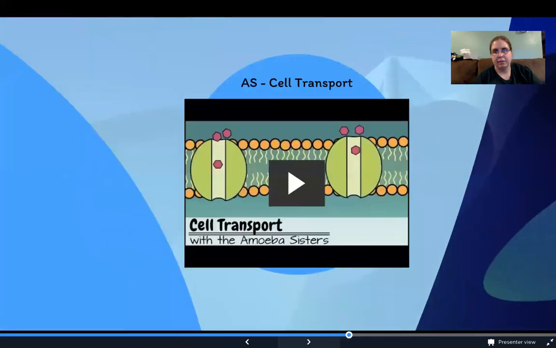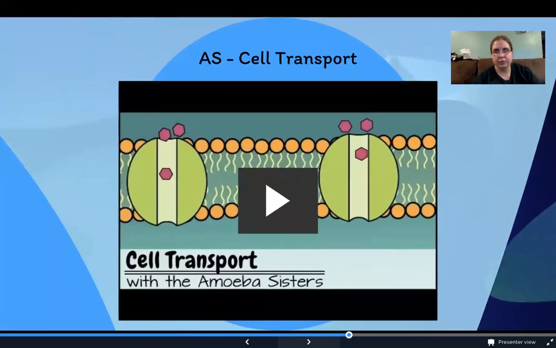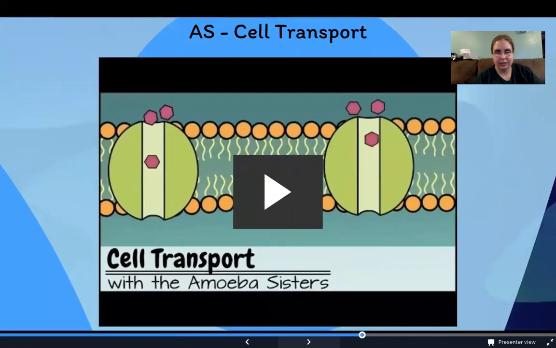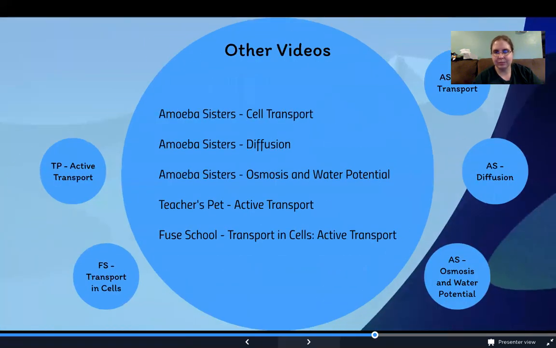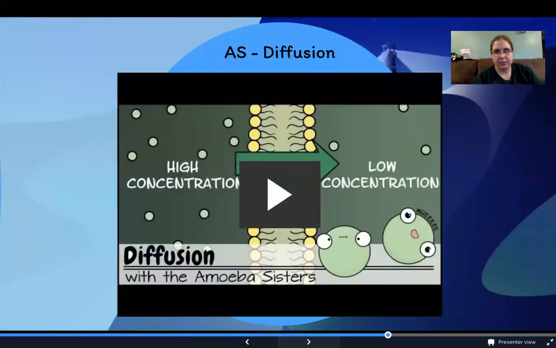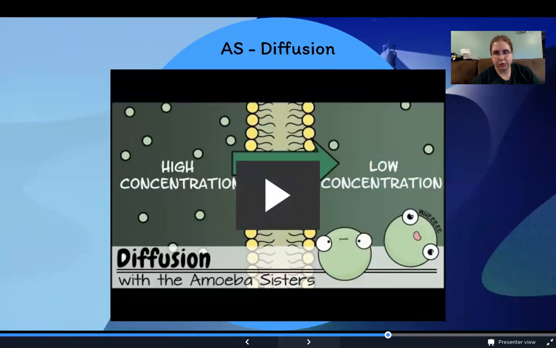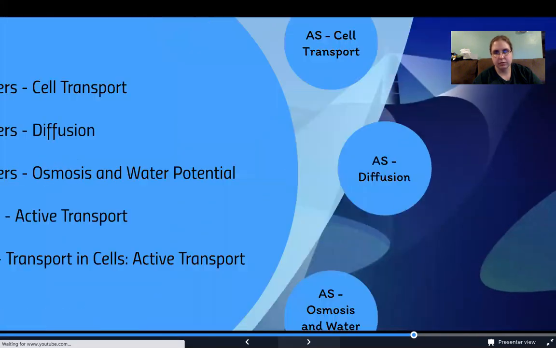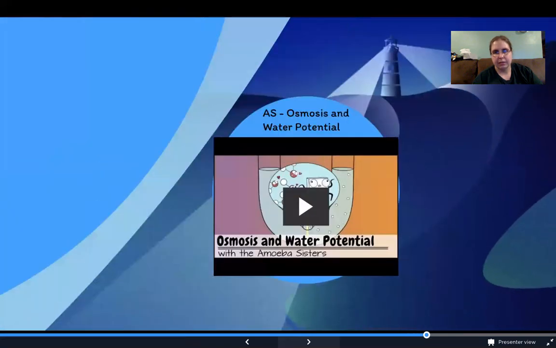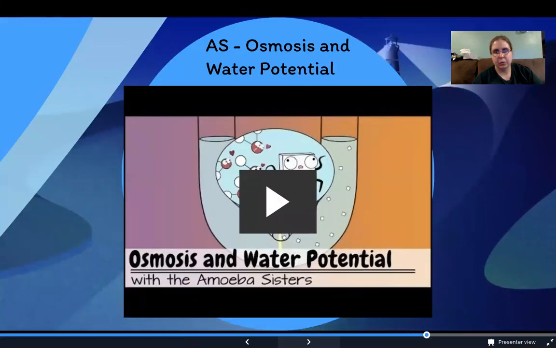All right, and then some other videos to kind of help you along. We have the Amoeba Sisters cell transport video. I love these two ladies. They are amazing. They do a great job of breaking the information down so that it's understandable. And they're just fun to watch. Amoeba Sisters again on diffusion, so passive transport. And then we have Amoeba Sisters on osmosis and water potential.